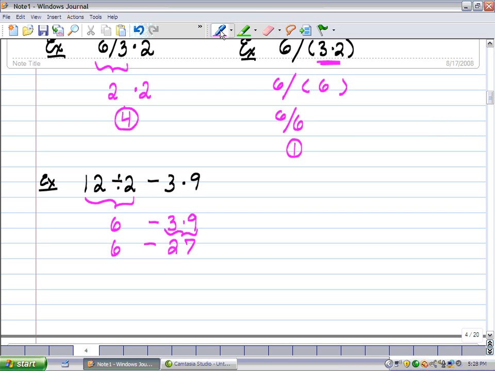To get more comfortable with this order of operations, you may choose to do that. 6 minus 27 is negative 21. So my answer is negative 21.